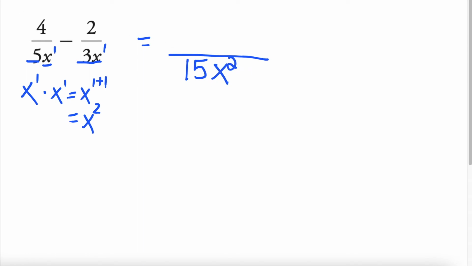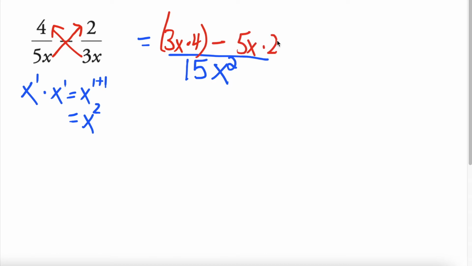Now, what are we going to do next? We're going to cross multiply. So we're going to do 3x times 4, and then 5x times 2, with the subtraction in between. And let's see, what is that equal to? Well, what's 3x times 4?